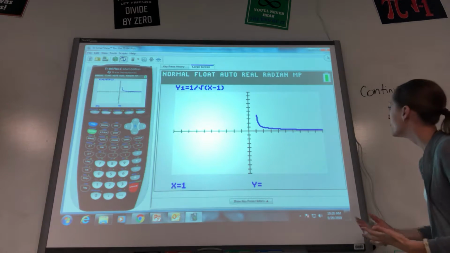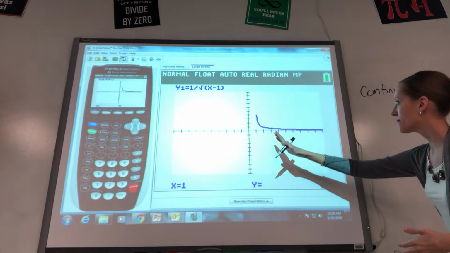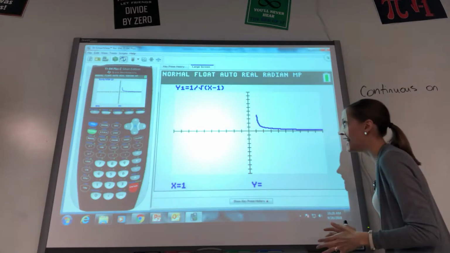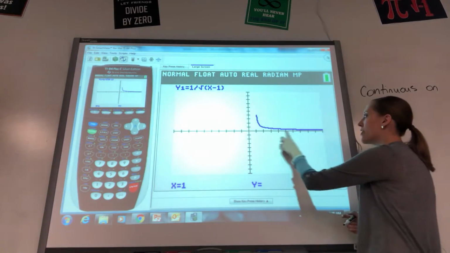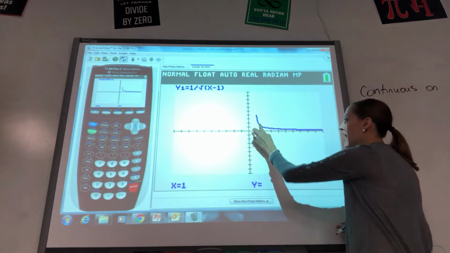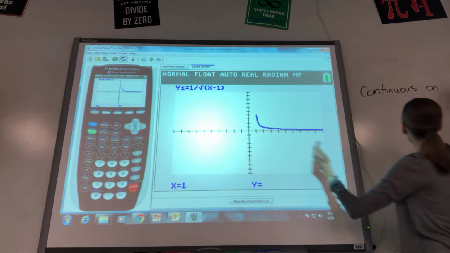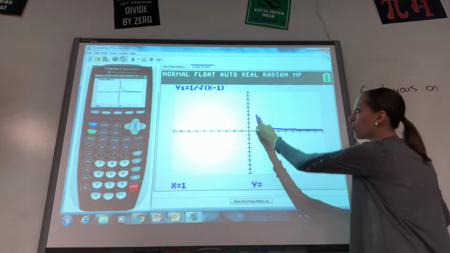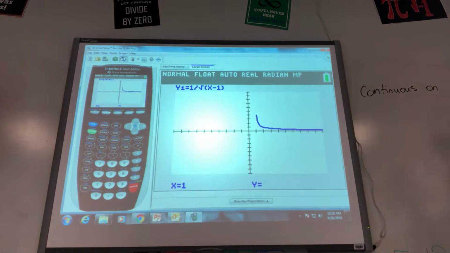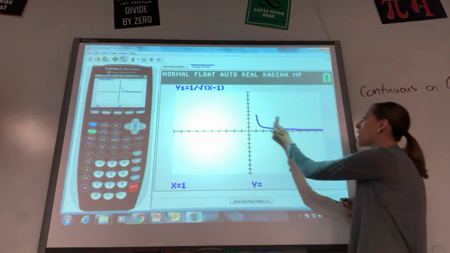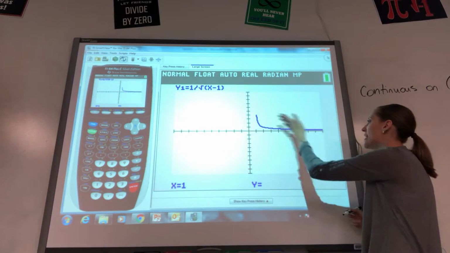I'm going to say that this function is continuous on, now think about where the function is at. The function starts at 1, but are we allowed to equal 1? No, so I would use a parenthesis right there. And it's going to keep going this way forever and ever.